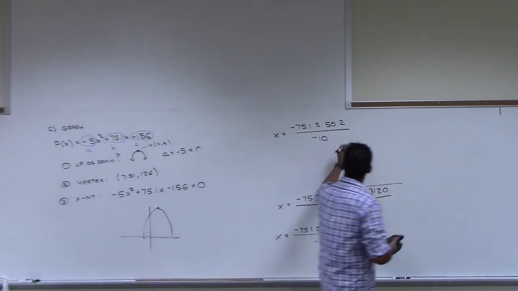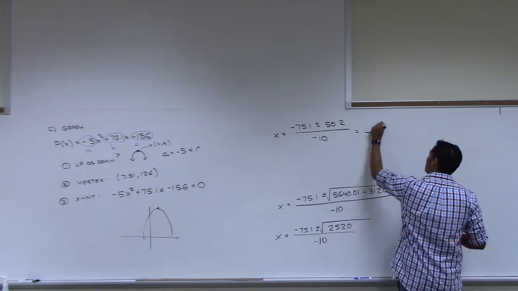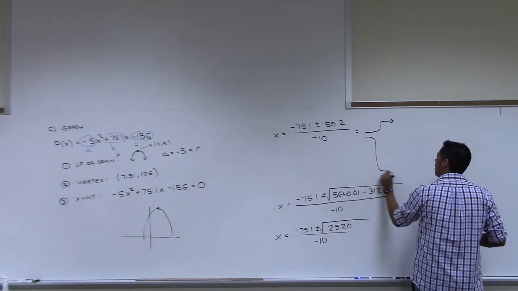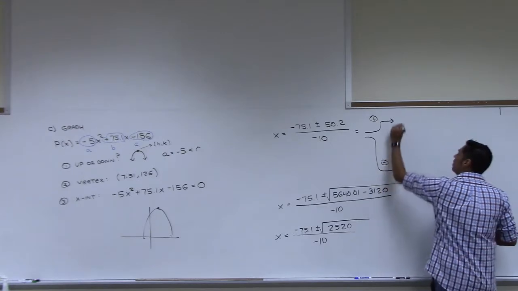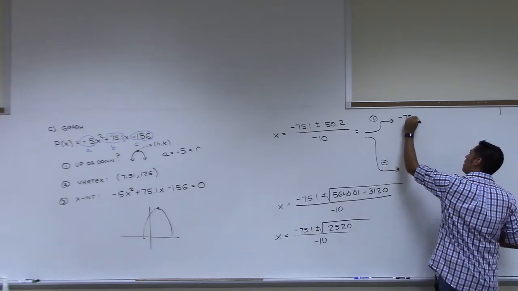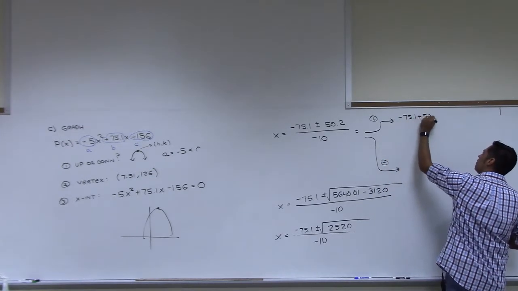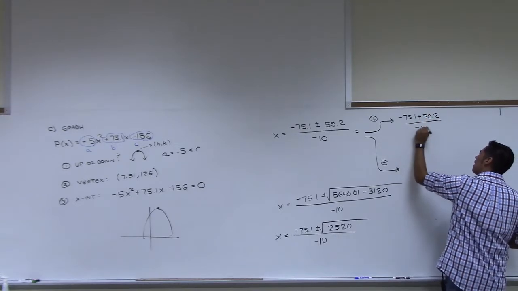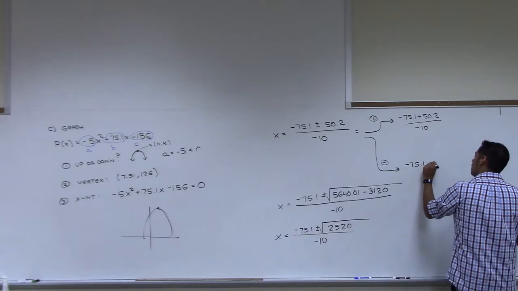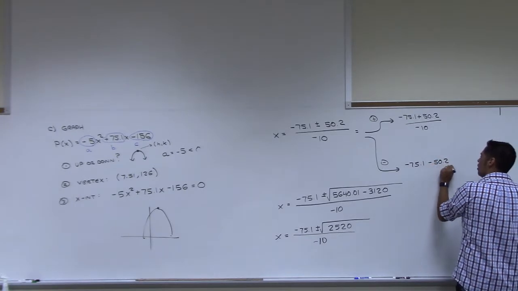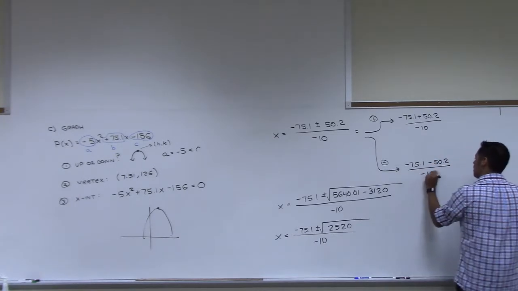All right, so now I like to do two separate little arrows here. This is going to be when I use the plus. This is going to be when I use the minus. So -75.1 plus 50.2 all over -10. And then -75.1 minus 50.2 all over -10.